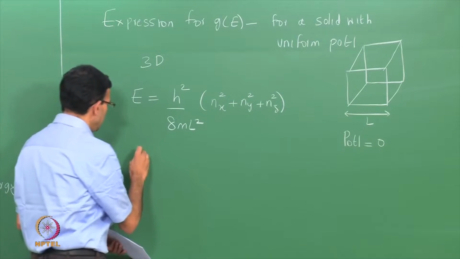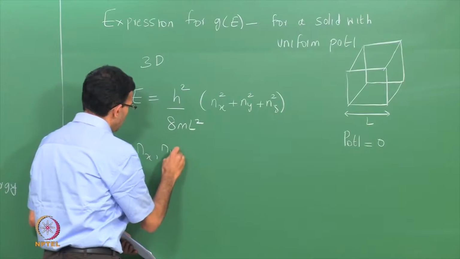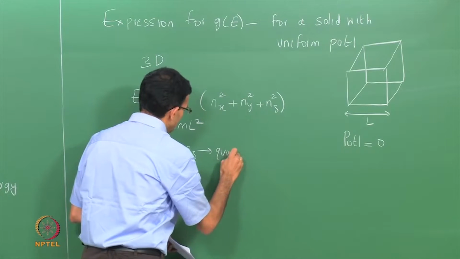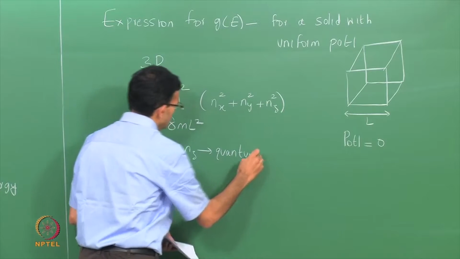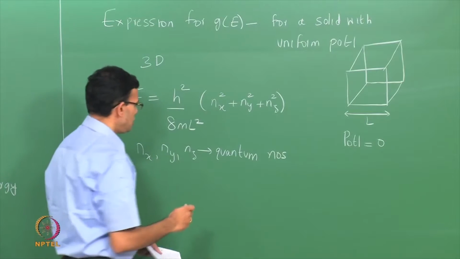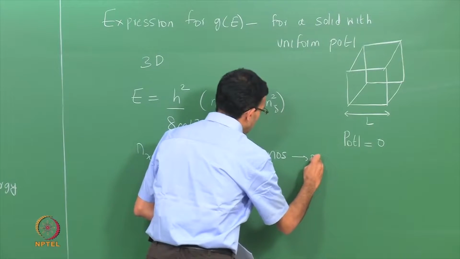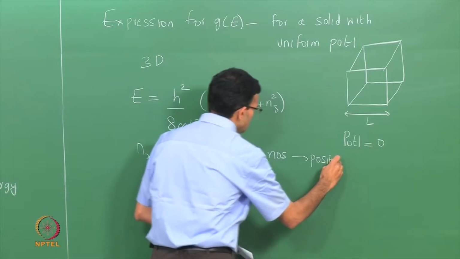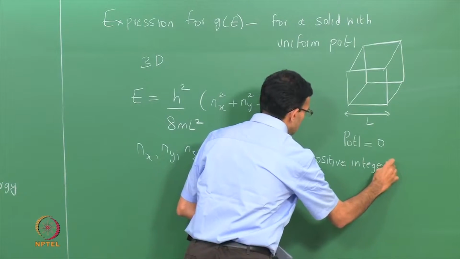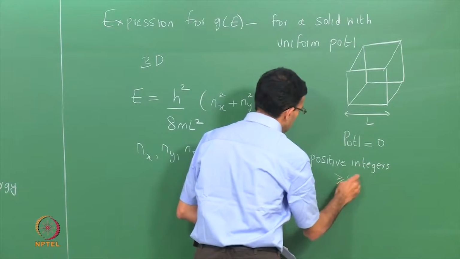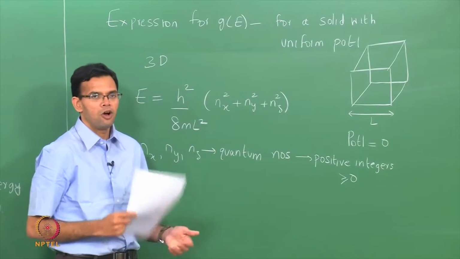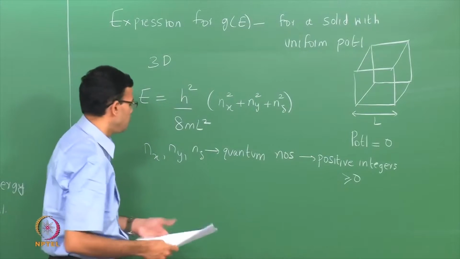Nx, ny and nz are called quantum numbers. These are all positive integers, so they have values greater than 0. So, nx, ny and nz can take values of 1, 2, 3 and so on.